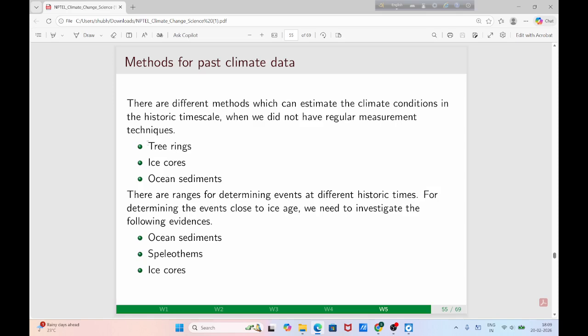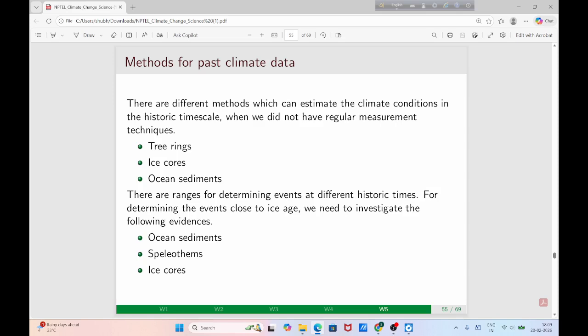One such evidence is of tree rings. Now, if you look at the tree rings, you will see different growth, especially the trees which are larger and they live for several years, let's say several hundreds of years.